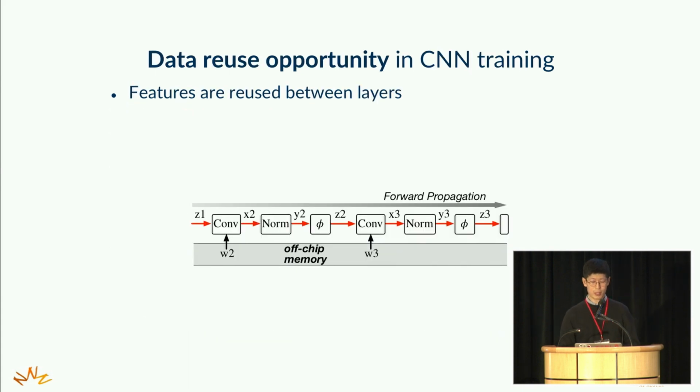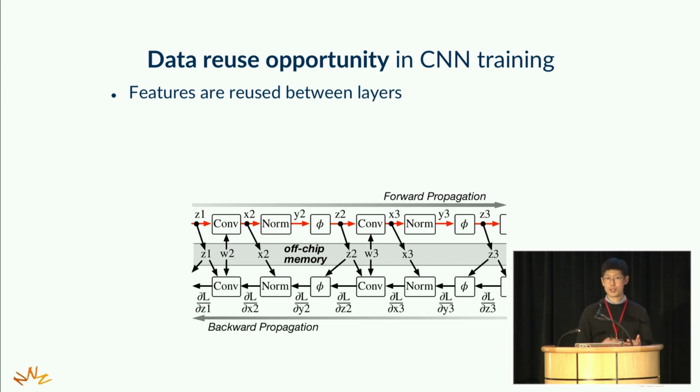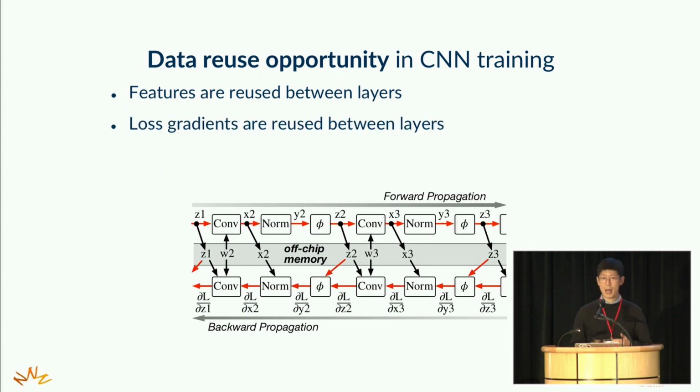Before that, let me talk about the data reuse opportunity in CNN training. In forward propagation, the features extracted by convolution layers are feed-forwarded and reused between layers. They are stored to off-chip memory to be reused in the back propagation to calculate the local gradient. In the back propagation, the loss calculated at the end of the network is back propagated and reused between layers.